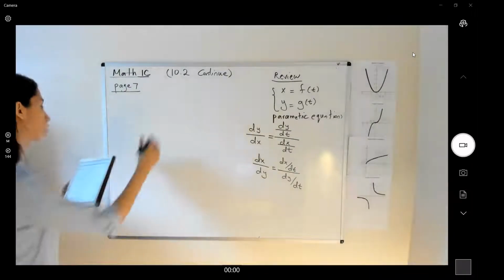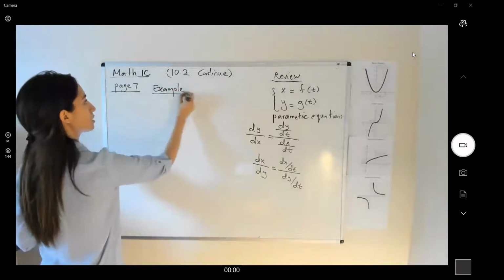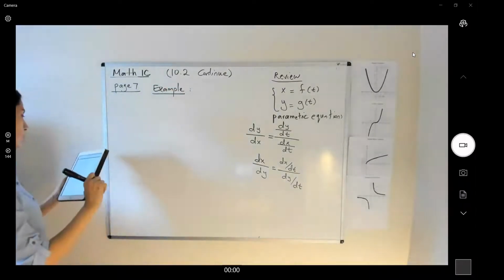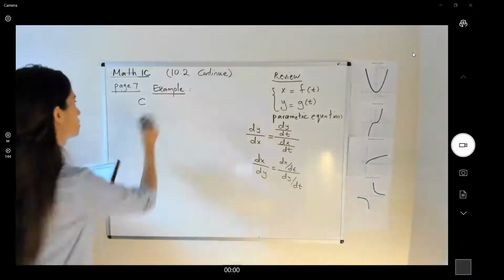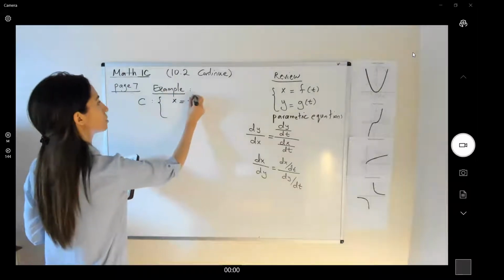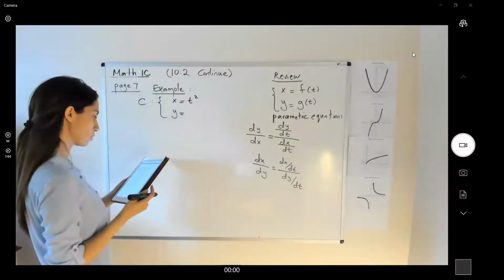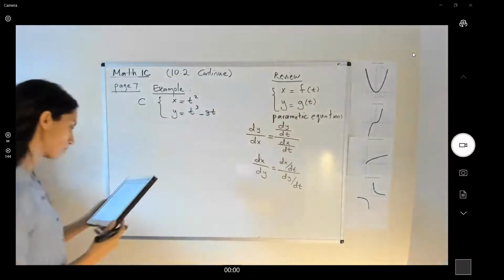It was about this. Let me write this quickly for you. This example was about your curve C, and this curve is defined by x equals t squared and y equals t cubed minus 3t.